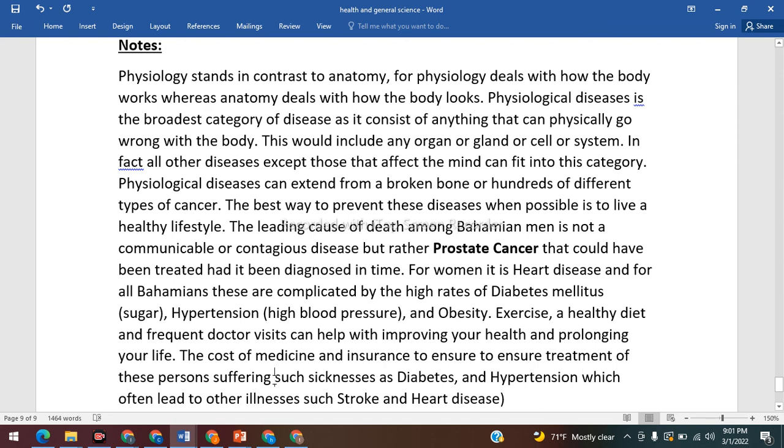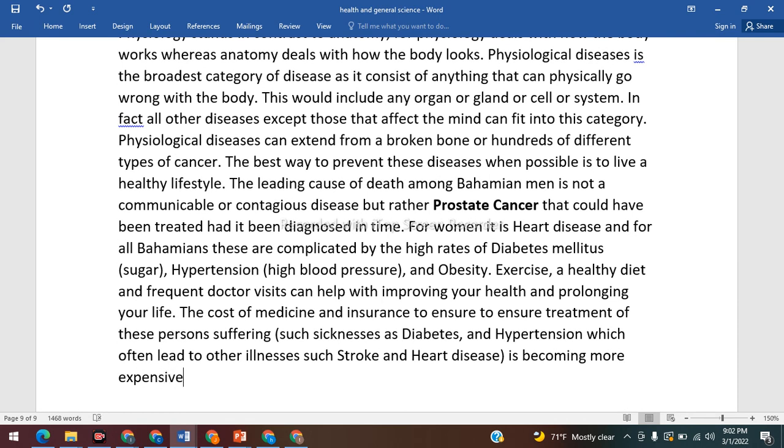Let me put a bracket on this. It's becoming more expensive for both the insurance and the medicine.